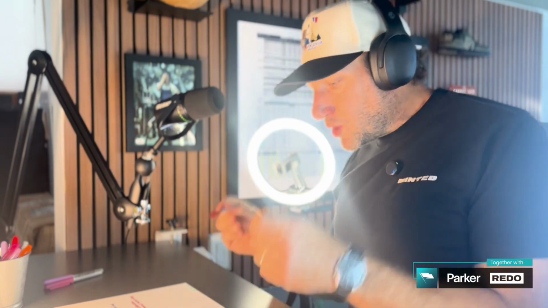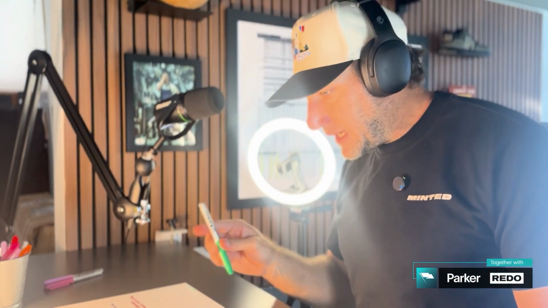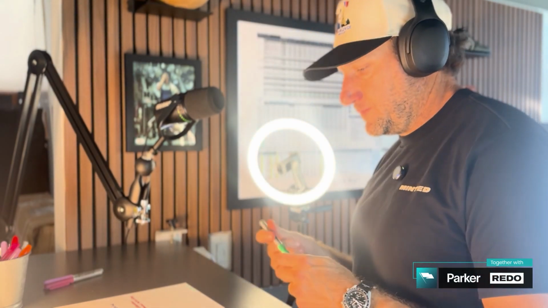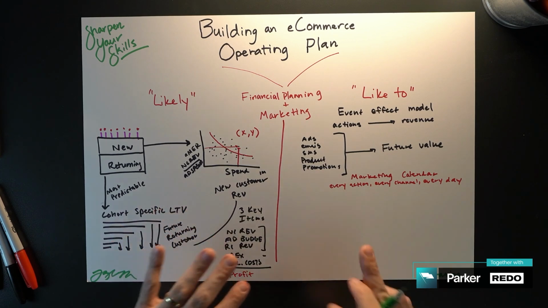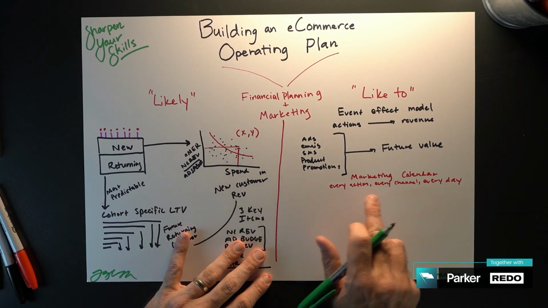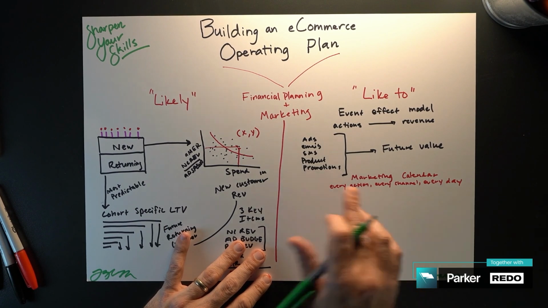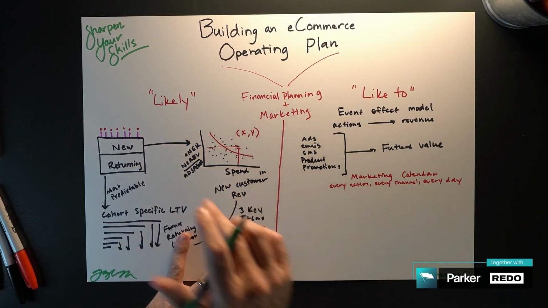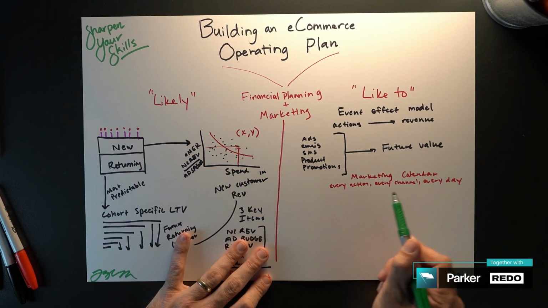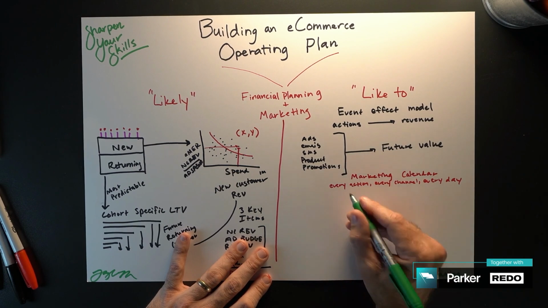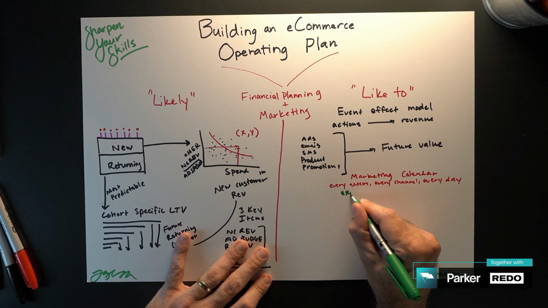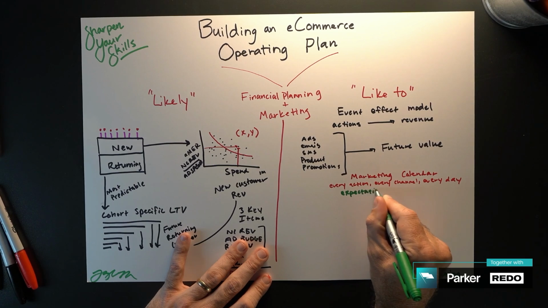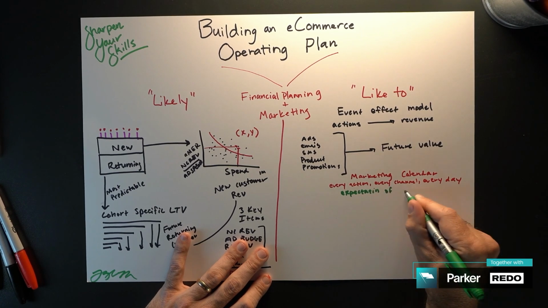Now, there are a lot of businesses that I see that have this, but rarely do businesses have the most important part. A great marketing calendar that can actually affect a planning model on the financial side ensures that every action in every channel and every day has a corresponding expectation of revenue.